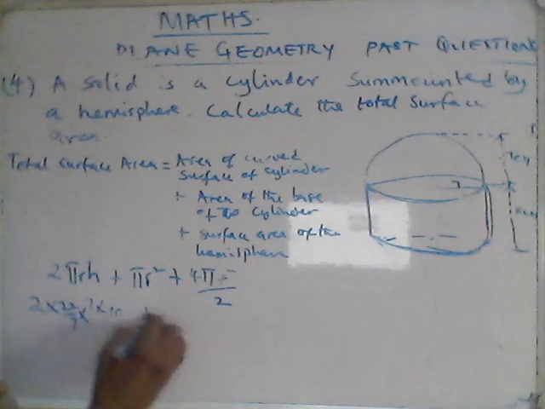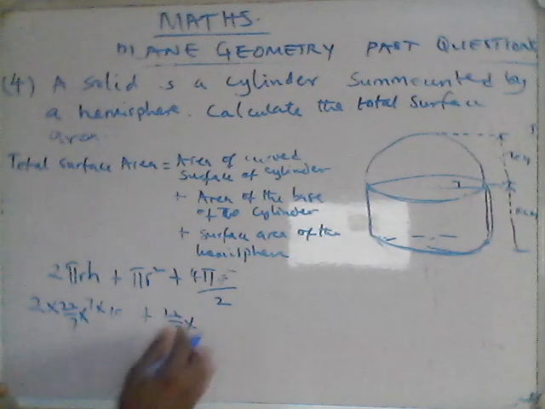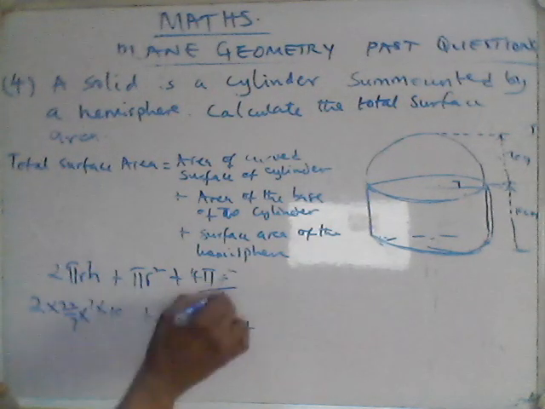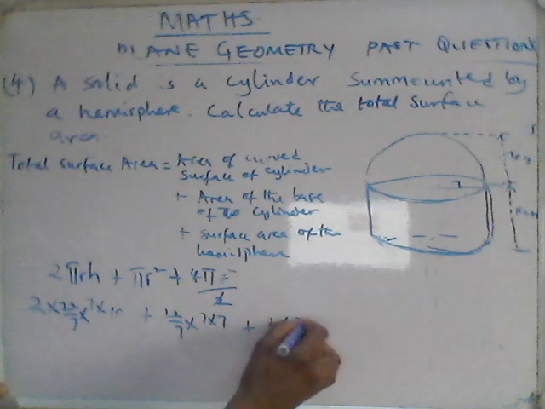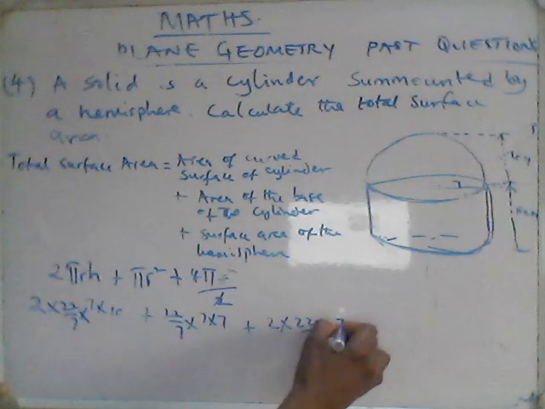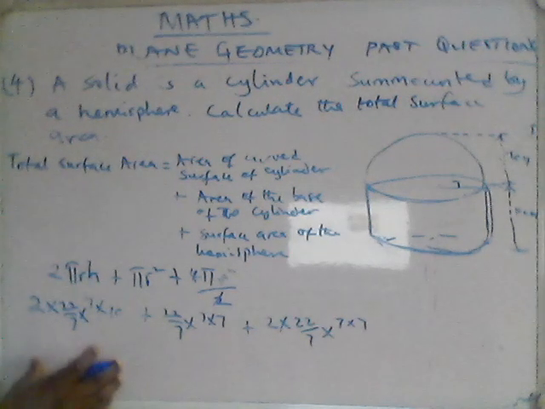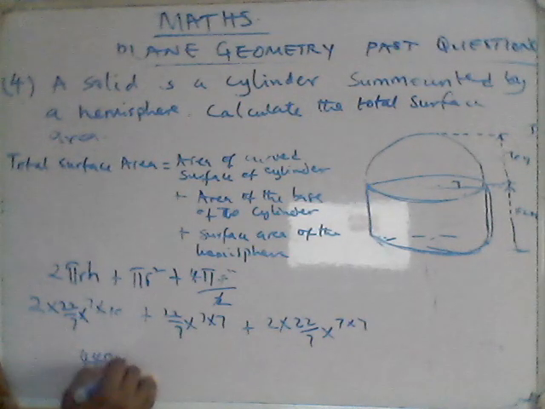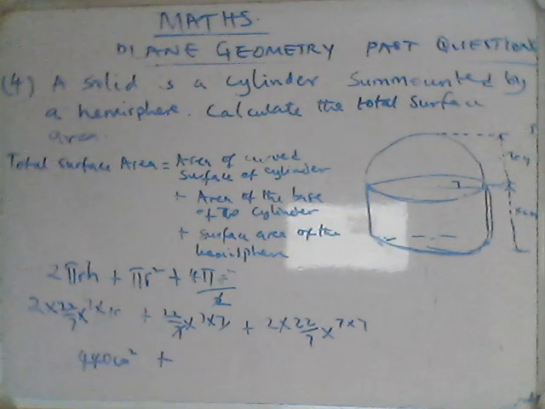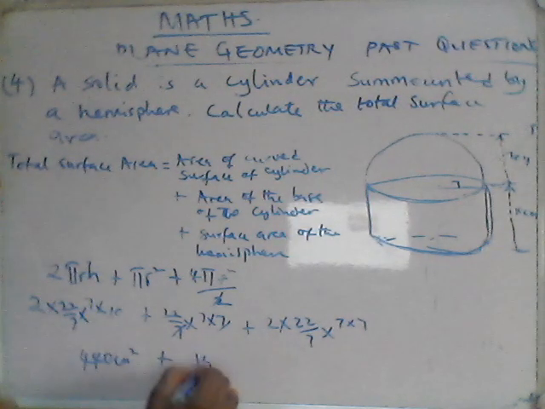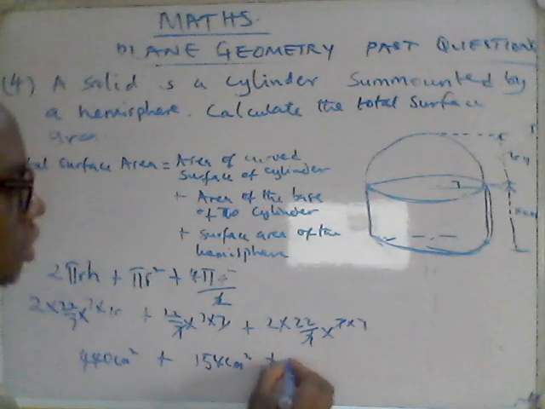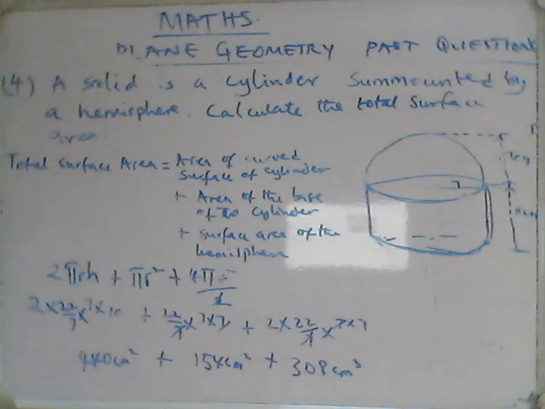Plus 22 over 7 times 7 times 7. Then the last component is already 2, so 2 times 22 over 7 times 7 times 7. So this component will give me 440 cm square, plus this one will give me 154 cm square, and the last one, I cancel, will give me 308 cm square, not cube, square.